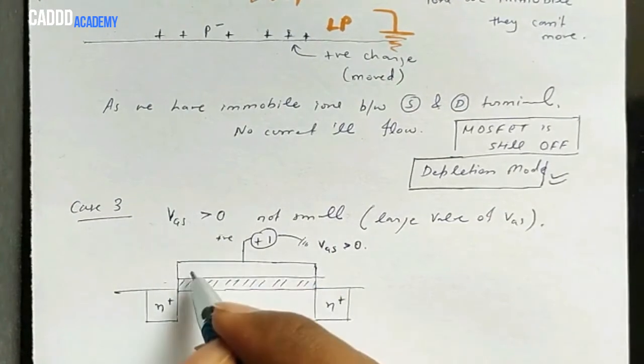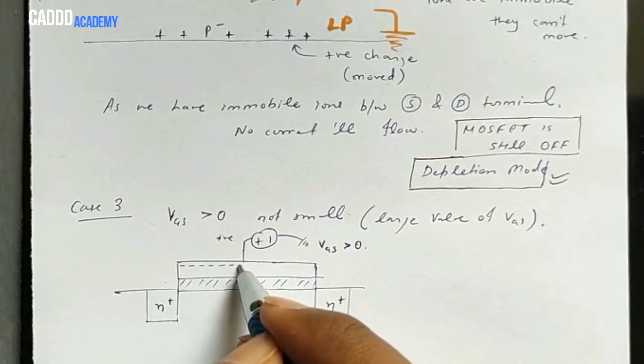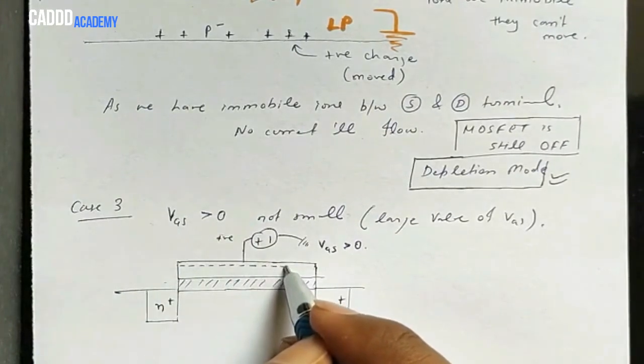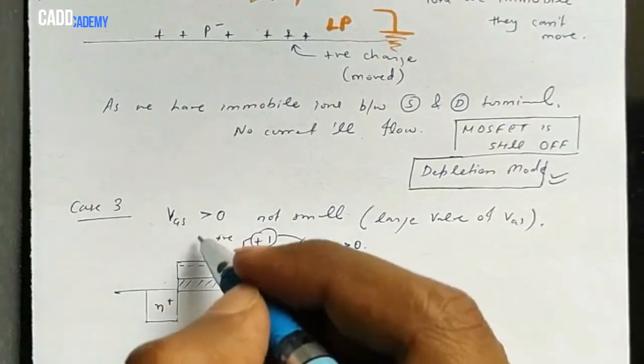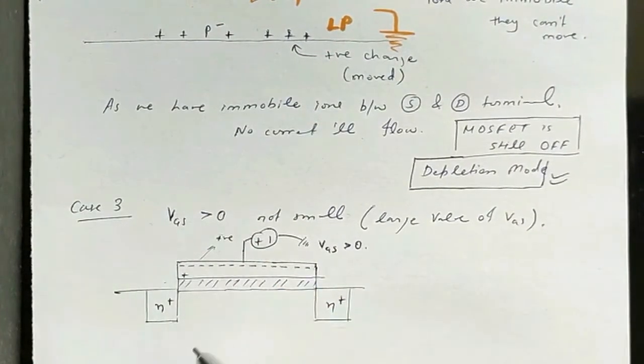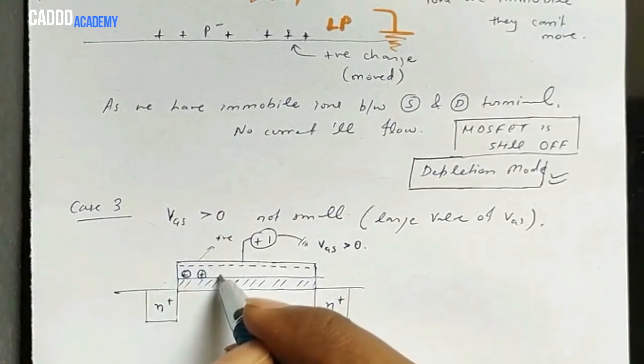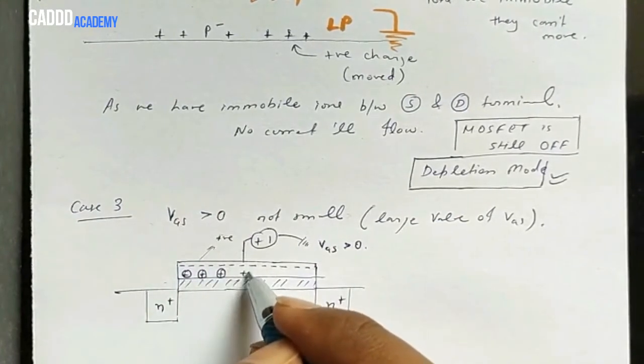This is positive. So the negative charge will be attracted towards this terminal and will be accumulated here, and the positive ions will be left here.